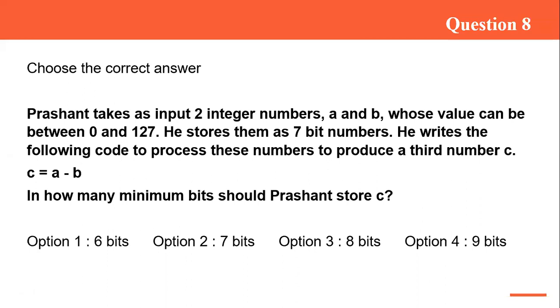In some cases they will tell you the result is always positive; in that case, we'll consider 7 bits. But they didn't mention anything like that. There can be minus 127 or plus 127, so the answer is 8 bits. If the result is always positive, 7 bits would be the answer. Understood? I hope everyone is clear.